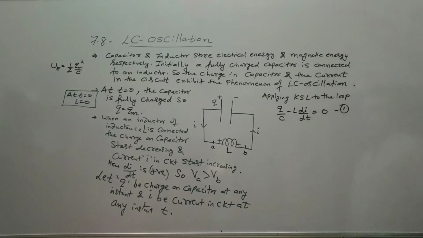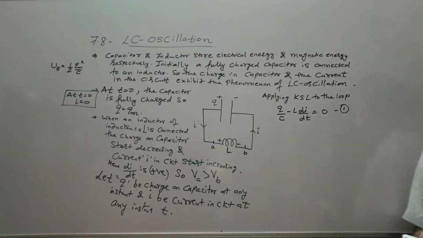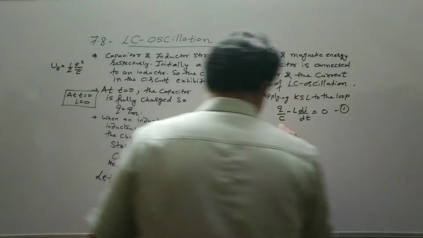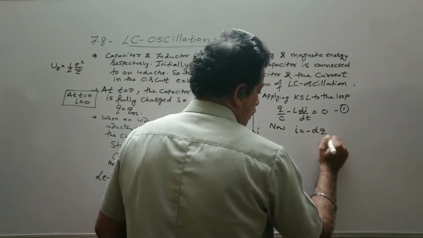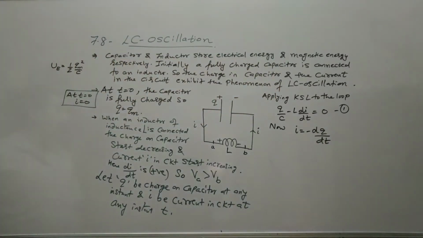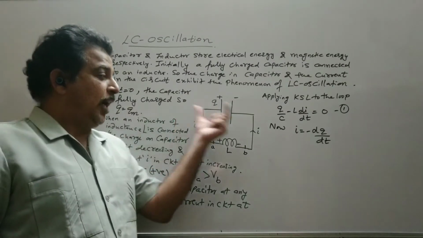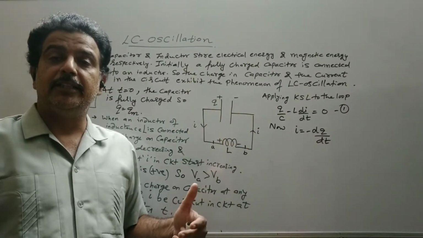Now let us talk about the current I in the circuit. So now I is equal to minus dq by dt. Now what does the negative sign indicate here? See, the charge in the circuit, or the charge on the capacitor, starts decreasing.